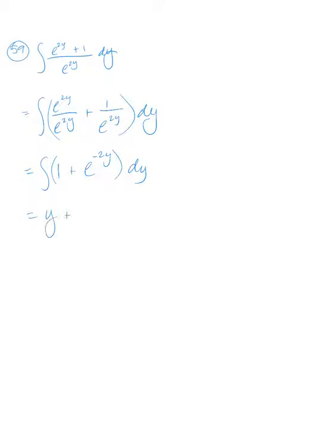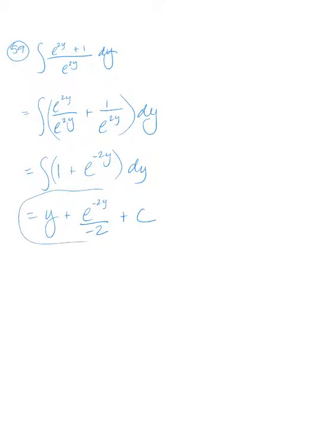The antiderivative of e to the negative 2y is e to the negative 2y over negative 2. Right? Because the derivative of e to the negative 2y over negative 2 would be e to the negative 2y over negative 2 times negative 2, and the 2's will cancel. Yeah, that works.